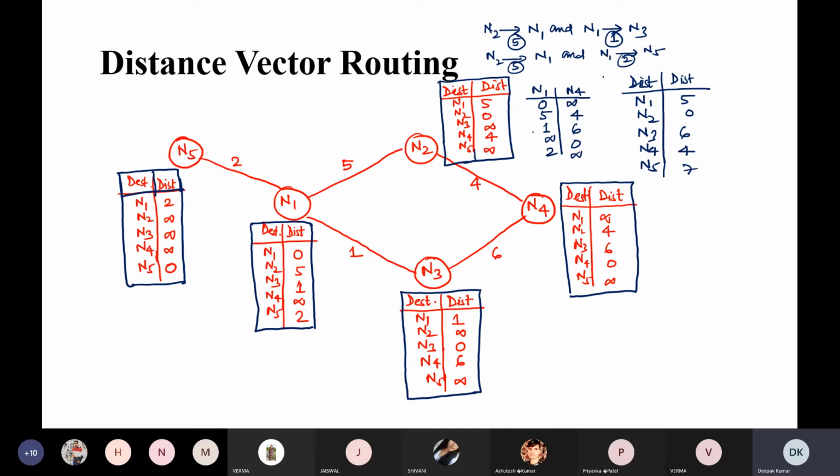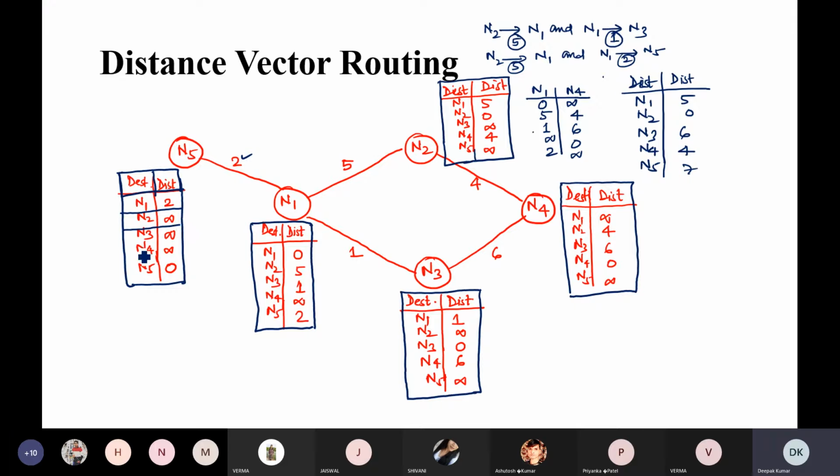See, the first time the network starts functioning, node N5 will create a table like this. It creates N1 with a cost of 2, and for N2, because N2 is not directly connected to N5, it is connected through N1, so N5 doesn't initially know the distance between N5 and N2, so it is set to infinity or not defined.